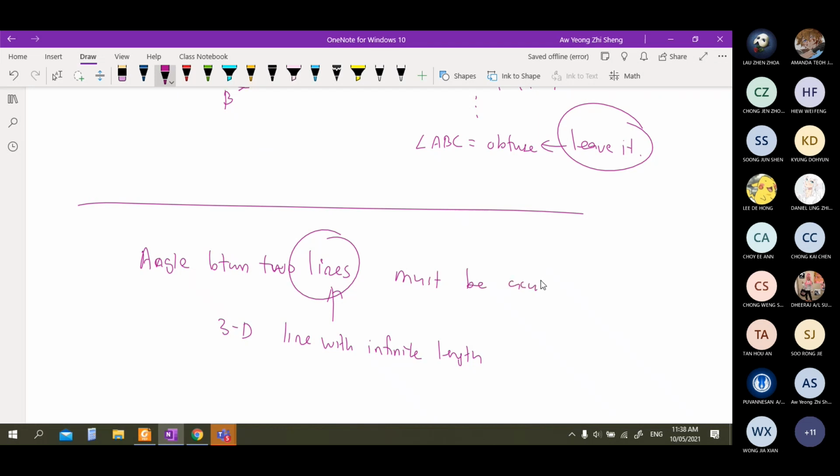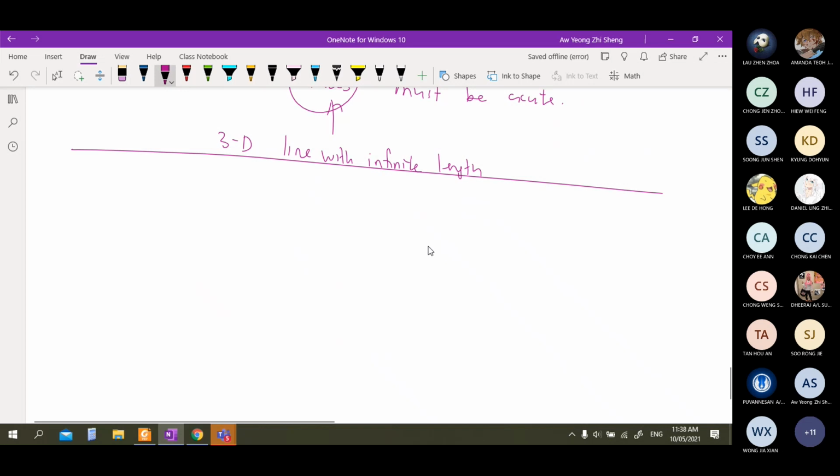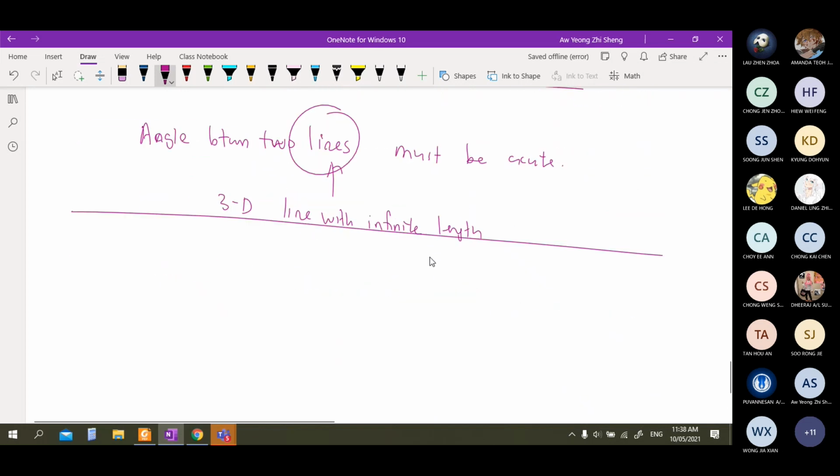But if they give you fixed points, say this is point A, this is point B, this is point C, and they ask for angle ABC, and the angle ABC is obtuse, let's say 110 degrees, then it must be written as 110 degrees.